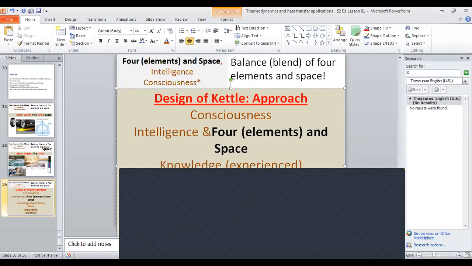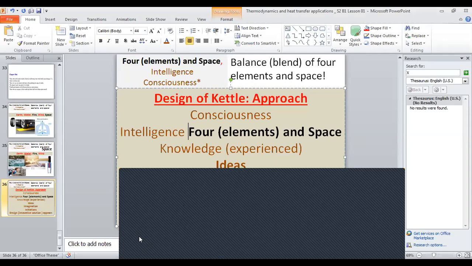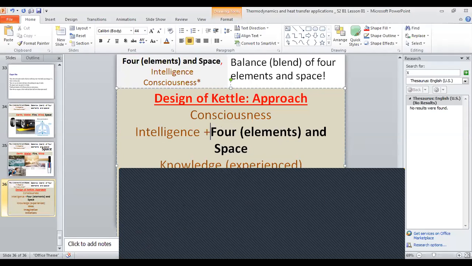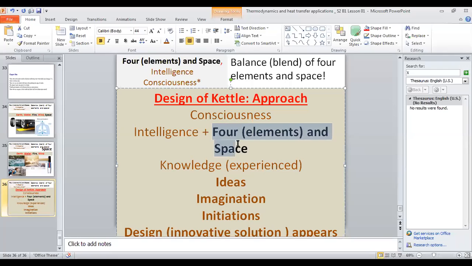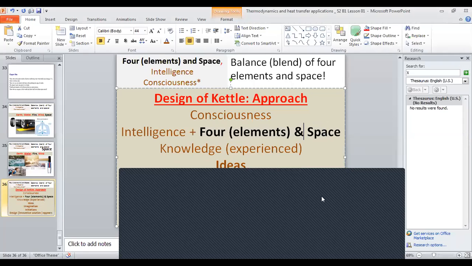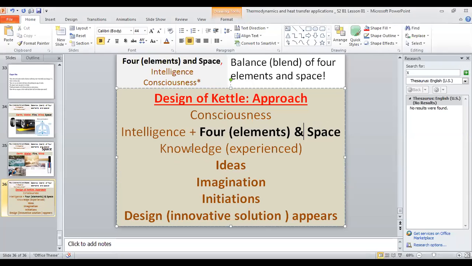Intelligence, plus here, four elements and space. Let me change this to the other edge. Intelligence with four elements and space.